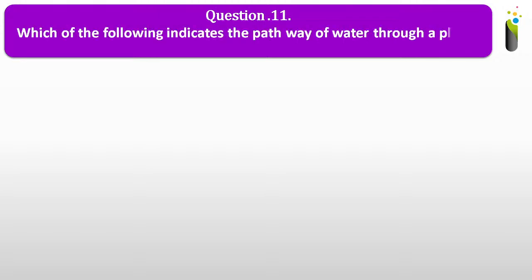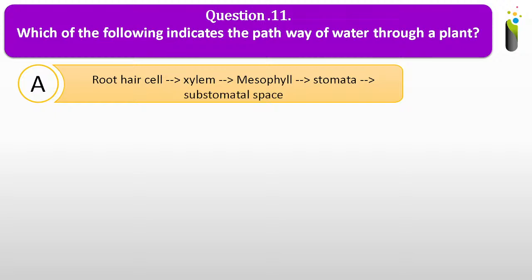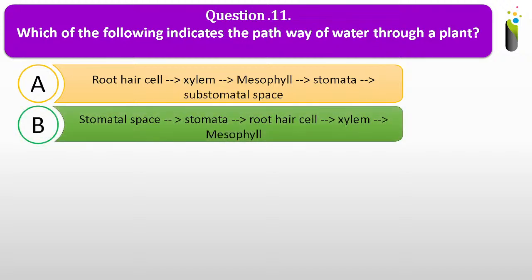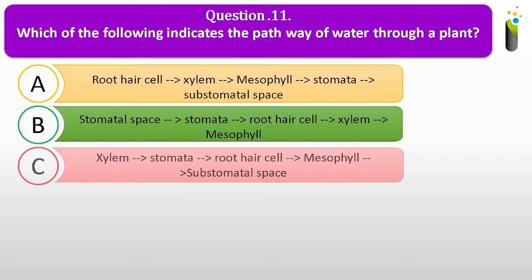Which of the following indicates the pathway of water through a plant? A. Root hair cell followed by xylem to the mesophyll to the stomata to the substomatal space. B. Stomatal space to the stomata to the root hair cell to the xylem to the mesophyll. C. Xylem to the stomata to the root hair cell to the mesophyll to the substomatal space.